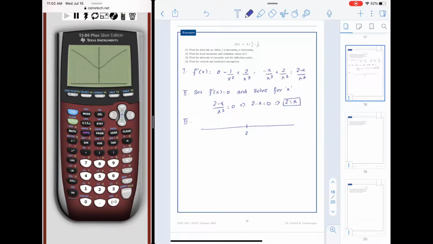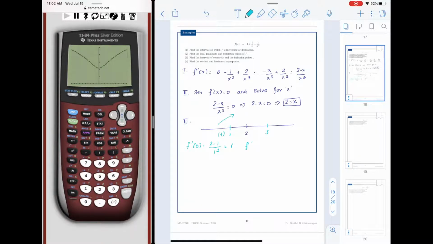Pick an easy number as a test point on the left-hand side. I'm going to pick 0. Right of the critical value, I'm going to pick 3. Plug it in the derivative. F prime of 0 is 2 minus, well, I can't plug in 0 because the denominator is x, so I'll have to pick 1. So that is positive, so the function is increasing.